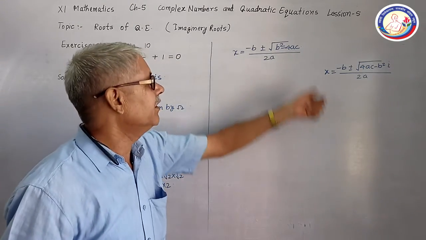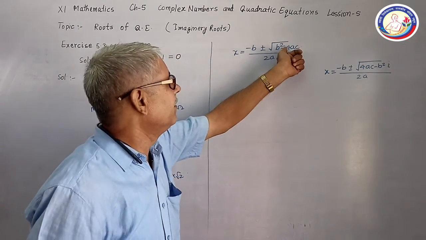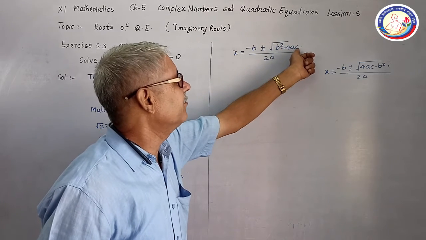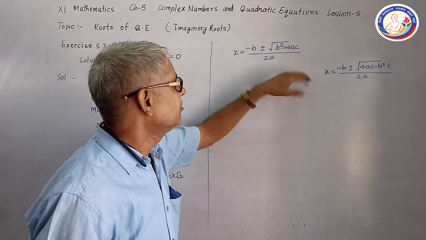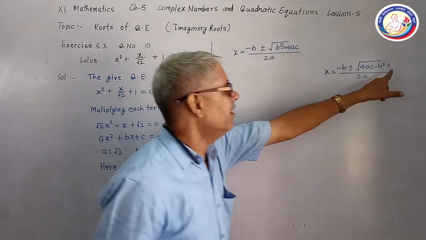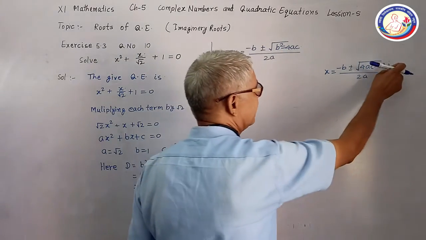Both are the same. Here we find the value, we put the value of b square minus 4ac as negative, and then we change it into iota, or we can write directly here.